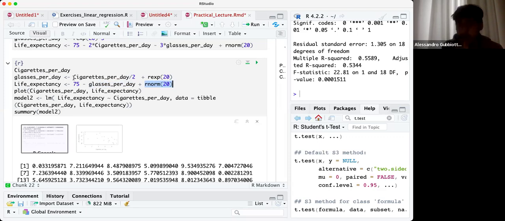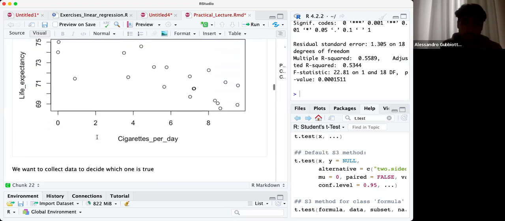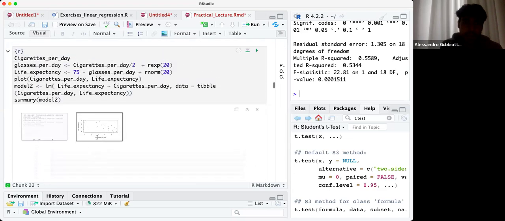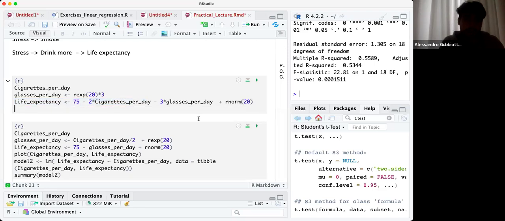Then the glasses per day are influenced by the cigarettes per day via the stress confounding variable, but it's not a direct causal relation in this case. And we go back also here where there is actually this causal relation, because I put in the formula for the life expectancy this cigarettes per day term. We go here, we do the same plot.